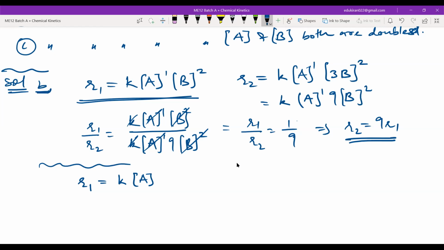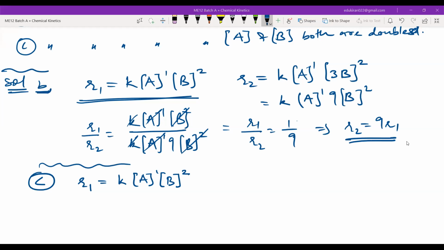Do we have to use R1 by R2 for C or just R1? R1 is doubled over here.